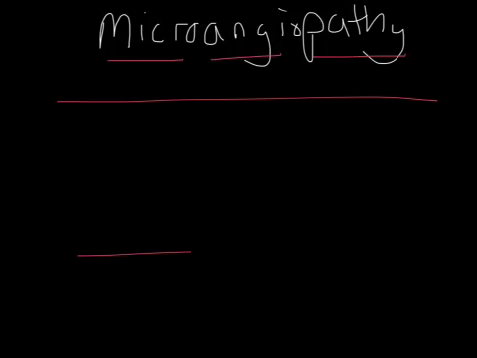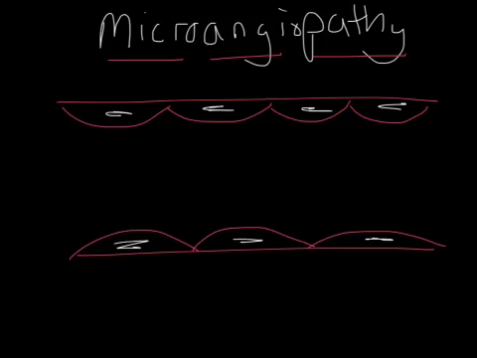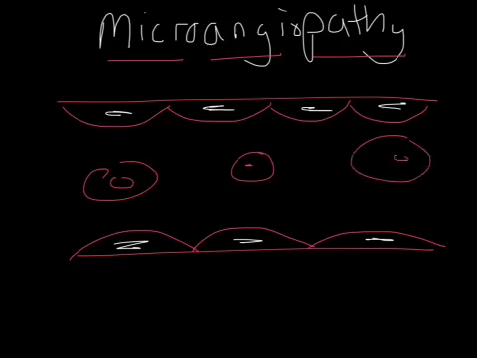So if we're going to take a look at a capillary in the body, this would be the endothelial cells lining the capillary, and we can give that capillary some nuclei. The blood cells flowing through the capillary, as well as proteins of various sizes.